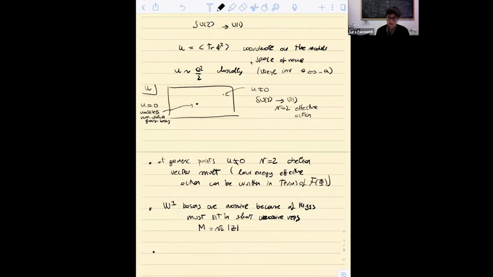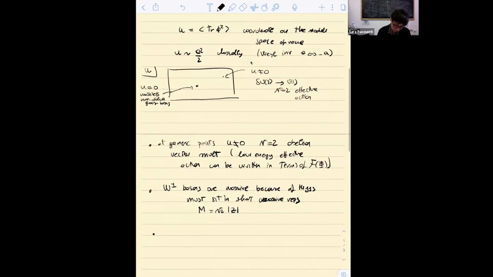Then I quoted a result by Olive and Witten, which showed that you can calculate, in fact, what is the central charge. And basically what they did was to write down the supercharges in terms of elementary fields. As usual, a charge is always given by the integral of the time component of a current.